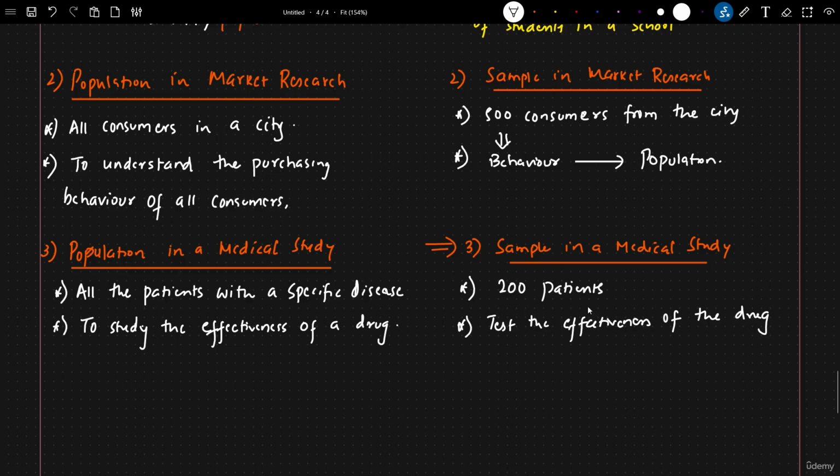If the drug works for these 200 patients, we can conclude that it may work for other patients. Here we need to perform a lot of hypothesis testing, with confidence intervals, p-values and more, which we will discuss when we cover inferential statistics.